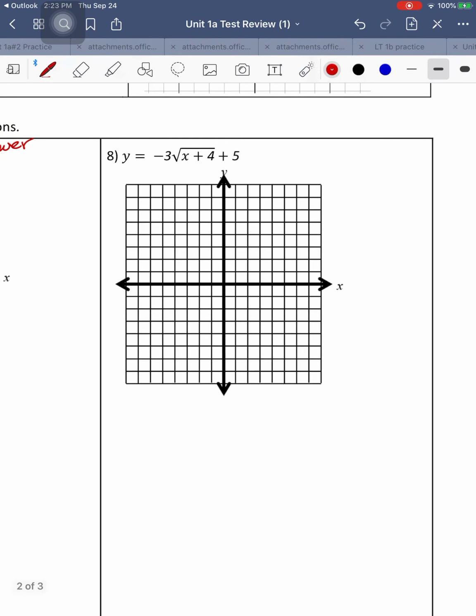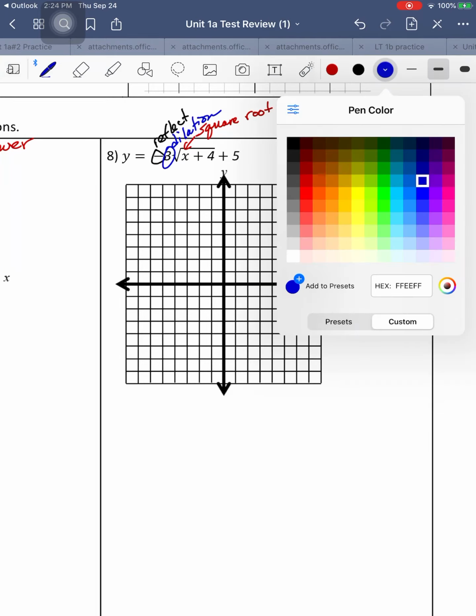All right, number 8. I'm going to do the exact same thing. This is a square root function. What other transformations do we see? We see a reflection. There's this 3 here, dilation.